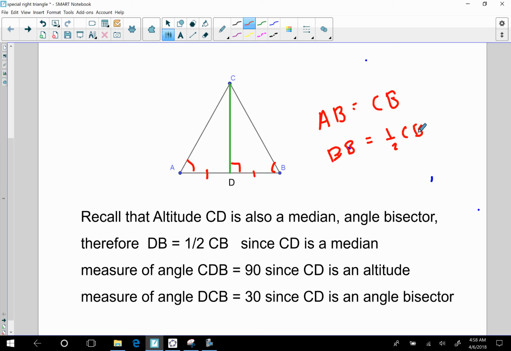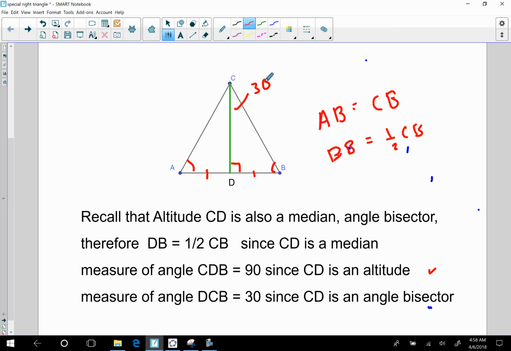We also know that the measure of angle CDB is 90, since CD is an altitude. And the measure of angle DCB is a 30-degree angle, since CD is an angle bisector. We could prove all of this.